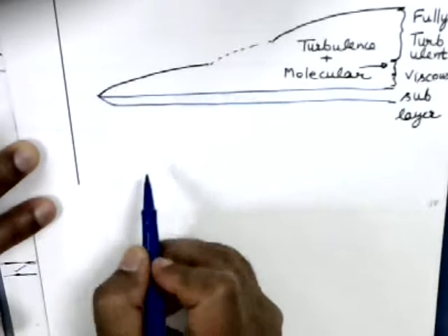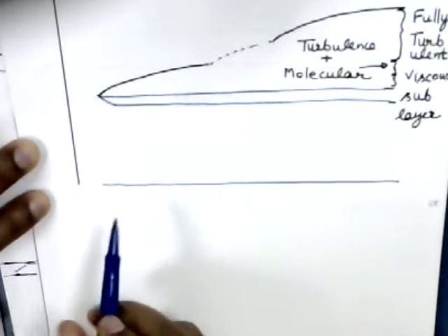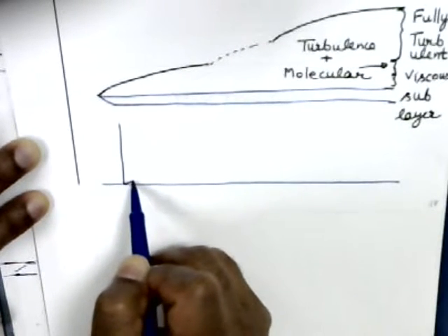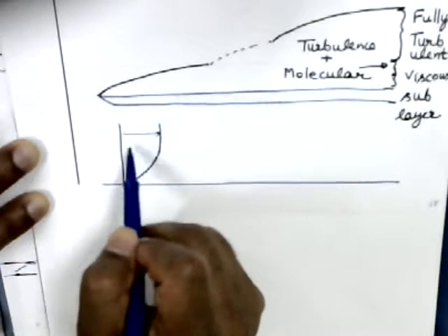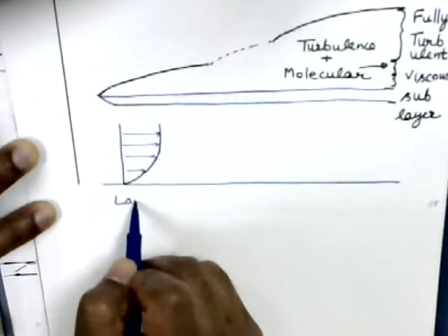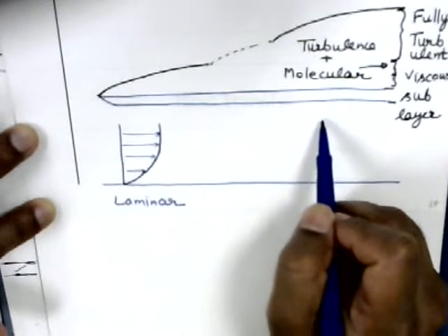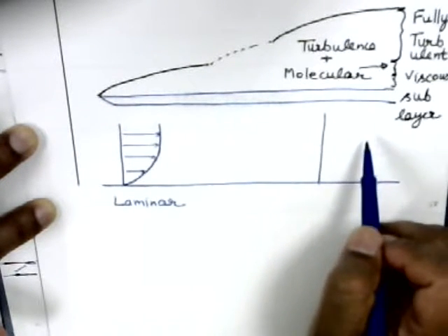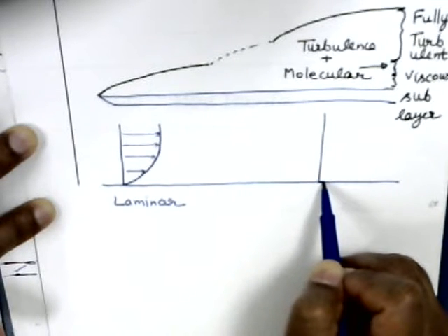In the laminar region, the velocity profile is like this. So it changes gradually across the boundary layer. This is for laminar. And in turbulent, because of enhanced mixing, what happens is the gradient at the wall is very sharp.